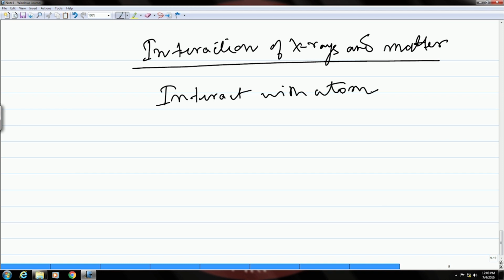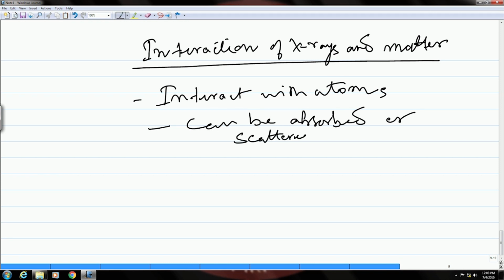So, X-rays will interact with the atoms and they can be absorbed due to this interaction or scattered. And then a part of it will be transmitted through the substance with a reduced intensity.